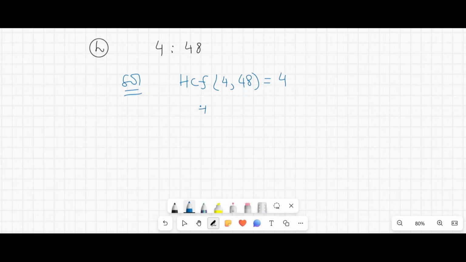So 4 divided by 4, 48 divided by 4. So now it will become 1 ratio 12. When we divide 48 by 4, you will get 12. So this is 1 ratio 12.